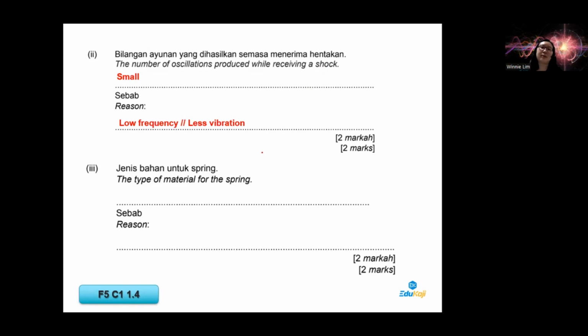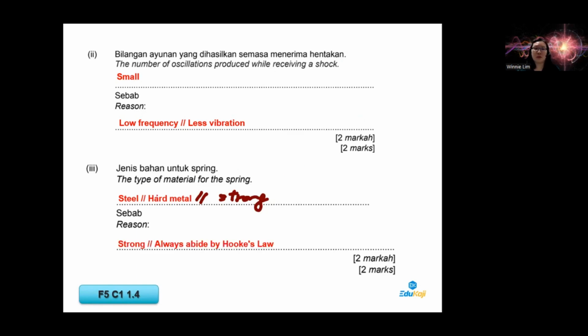And lastly, what is the material for the spring? If you do not know the actual material, you don't need to give it. You just need to say strong. But I prefer you use the term strong metal or strong material. The reason, normally you can say, will not break easily.